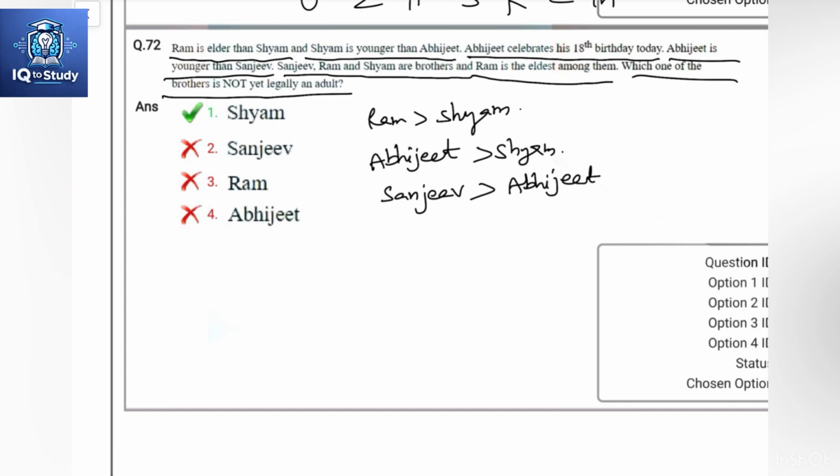From this we can write Ram greater than Sanjeev greater than Abhijit greater than Shyam. We know that Abhijit celebrates his 18th birthday today. And Shyam is younger than Abhijit. It means Shyam is the answer, who is not yet legally an adult. So option 1 is correct.